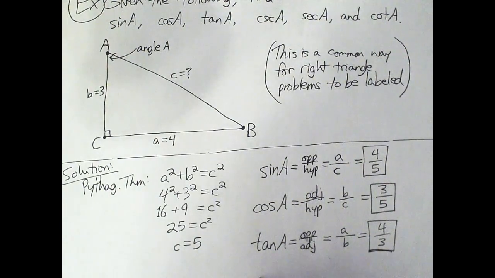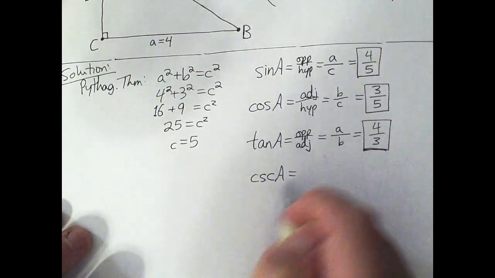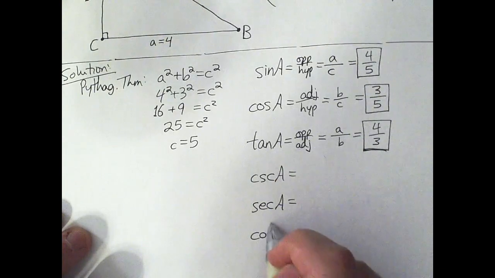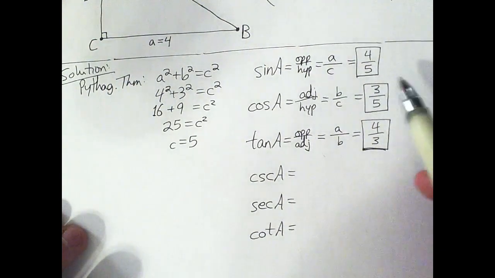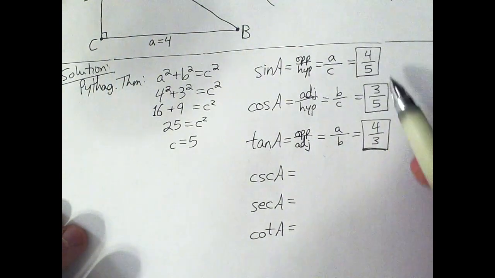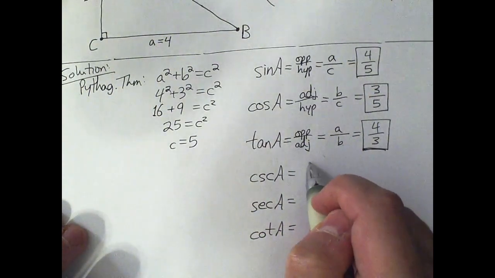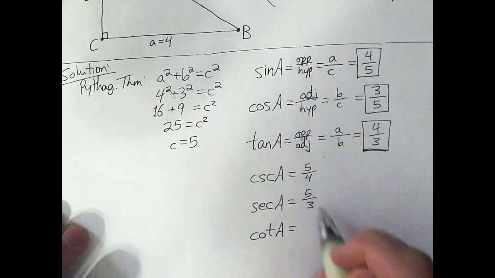For the other 3, we can do the other 3 really fast. Cosecant, secant, cotangent. I can just take the reciprocals of these 3 answers, because it's going to be c over a, c over b, b over a. So we could just take the reciprocals of these fractions and say 5 over 4, 5 over 3, and 3 over 4.